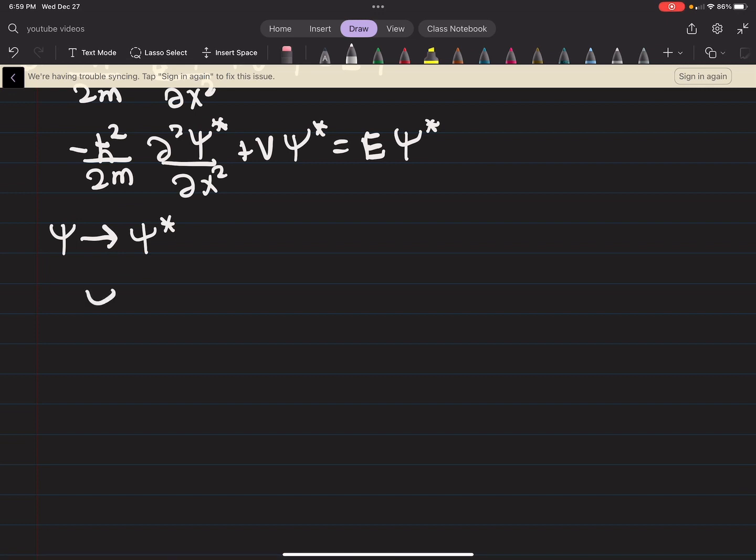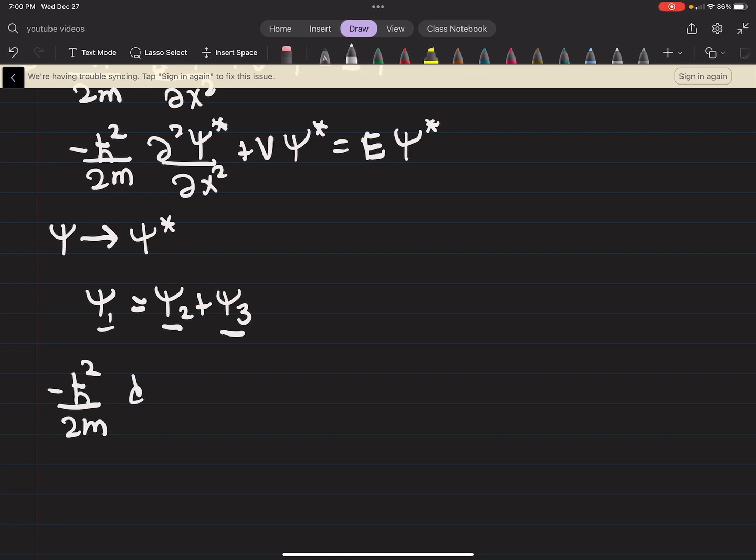So if you have, let's call it psi 1, yeah, that's fine. Psi 1 is equal to psi 2 plus psi 3. And these independently are solutions to the Schrodinger equation. Then we want to show that psi 1 is also one. So again, we're going to use Schrodinger's equation just to show that that is a solution.